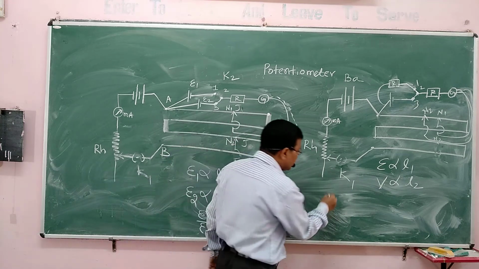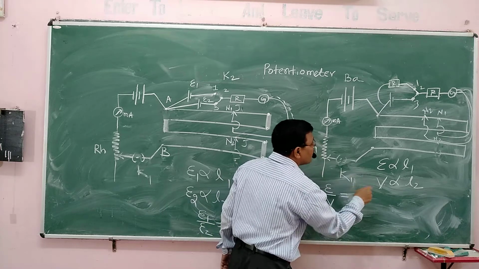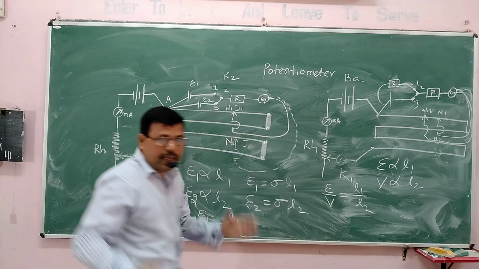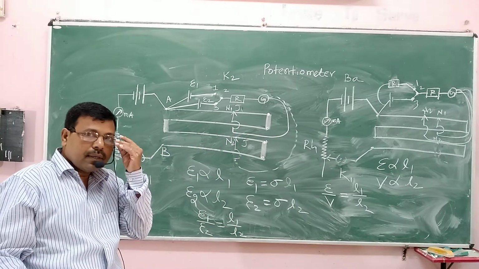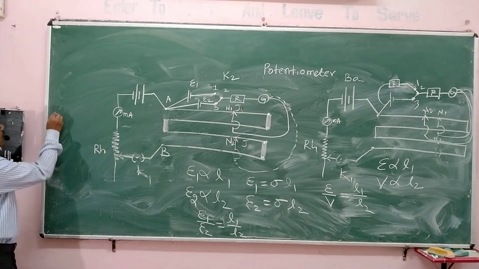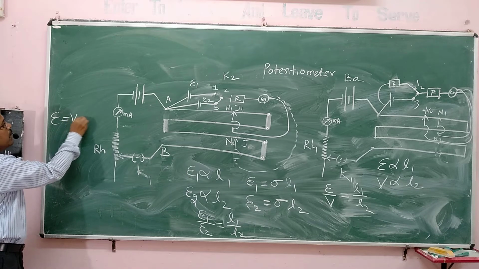Now I write E upon V is equal to L1 by L2. As we learned in the topic, the EMF of a given cell E is equal to V plus Ir.